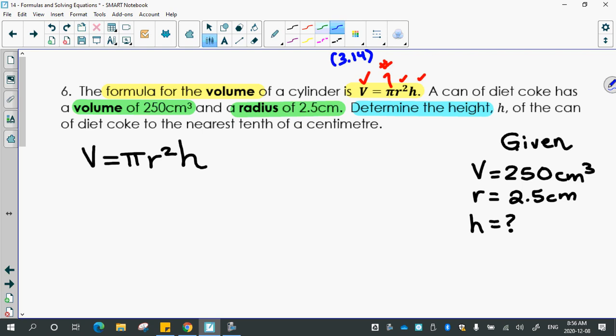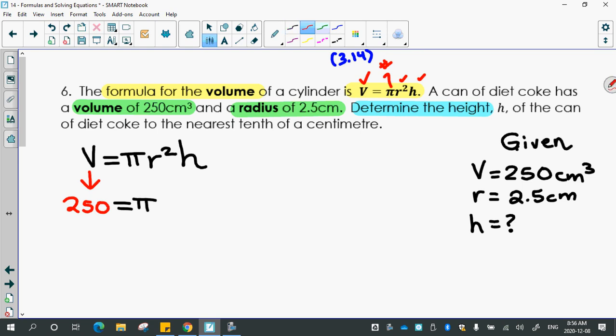All right, so now we're going to try to put the numbers into the correct spot. So we can replace V with 250. Pi, we know it's just a number.